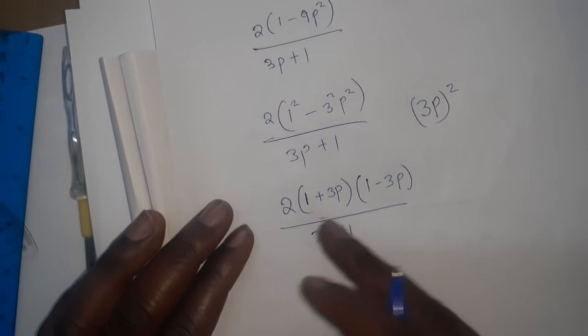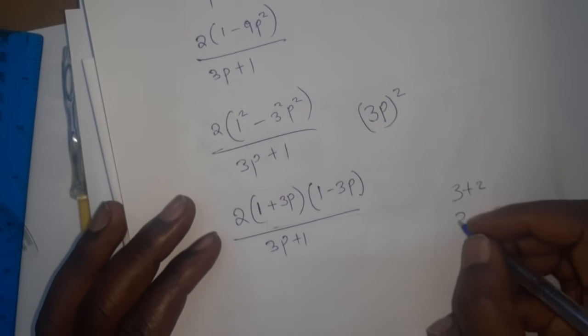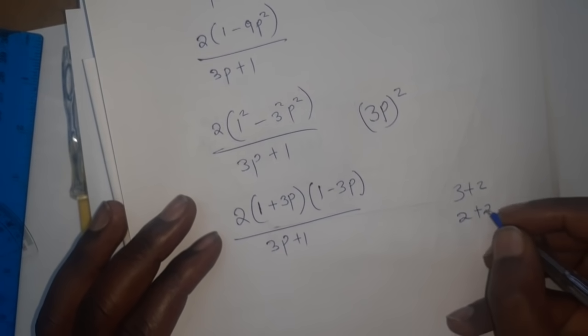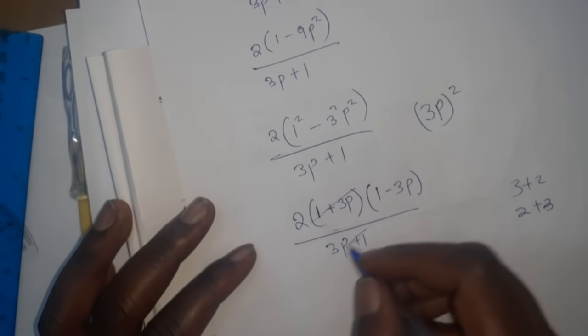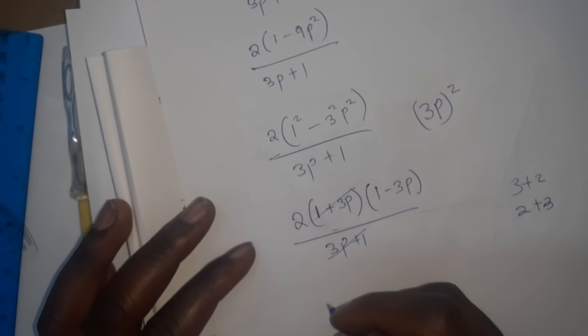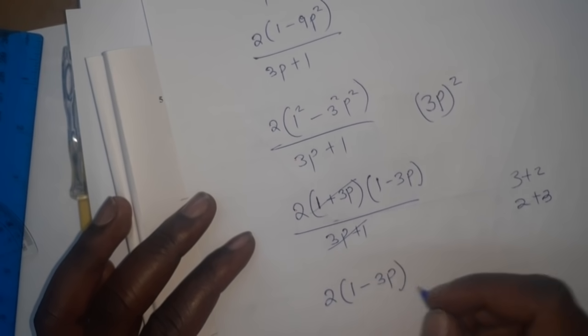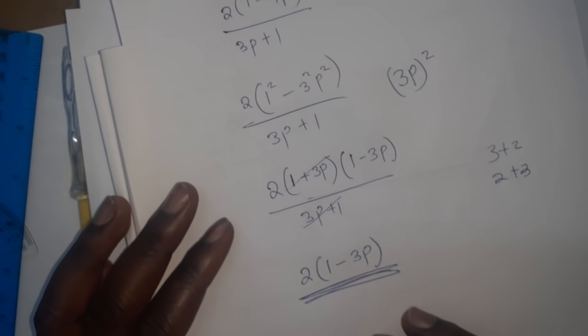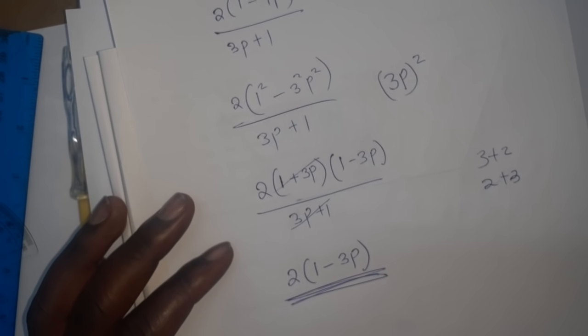Now, I'm sure you know that when you say 3 plus 2 and 2 plus 3, you still get the same thing. So this one is the same as this one. So we are going to remain with 2, 1 minus 3p. This is what we are going to get as our answer here. Okay? We move on to the second part.